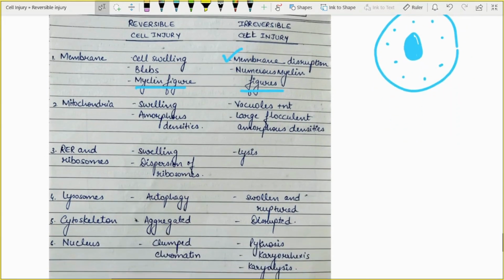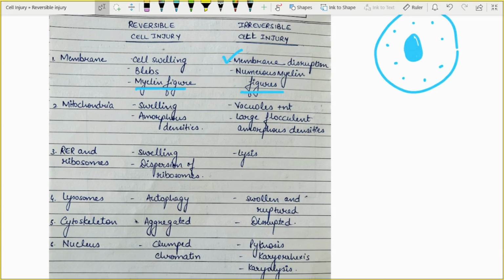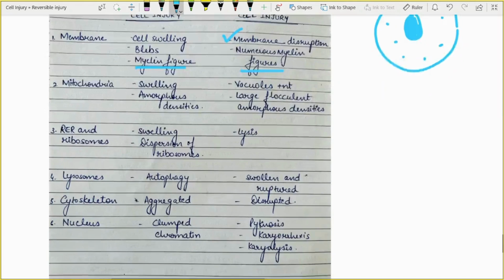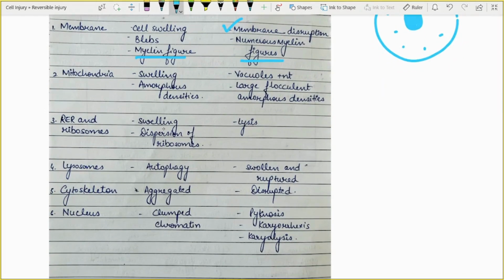Then moving on to cytoplasm that has organelles. First is mitochondria. Mitochondria will undergo swelling and amorphous densities formation in reversible cell injury. And in irreversible cell injury, there will be formation of vacuoles and large flocculent amorphous densities. Rough endoplasmic reticulum and ribosome, there would occur swelling and dispersion of the ribosome, and in irreversible cell injury they will undergo lysis.